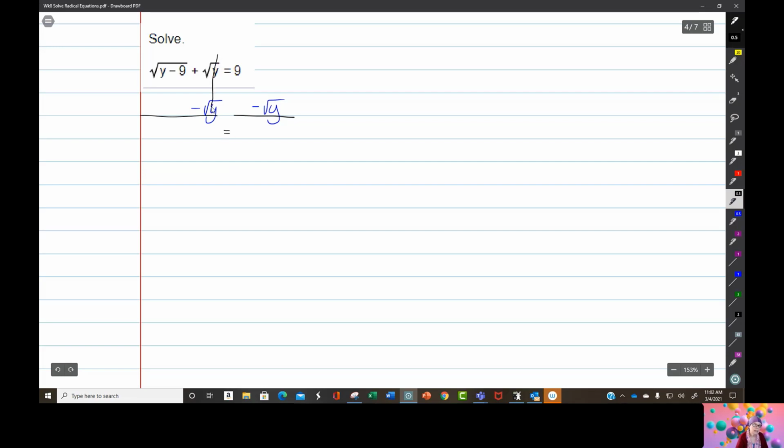The square root of y minus the square root of y is 0. So I will have the square root of y minus 9 equals 9 minus the square root of y.